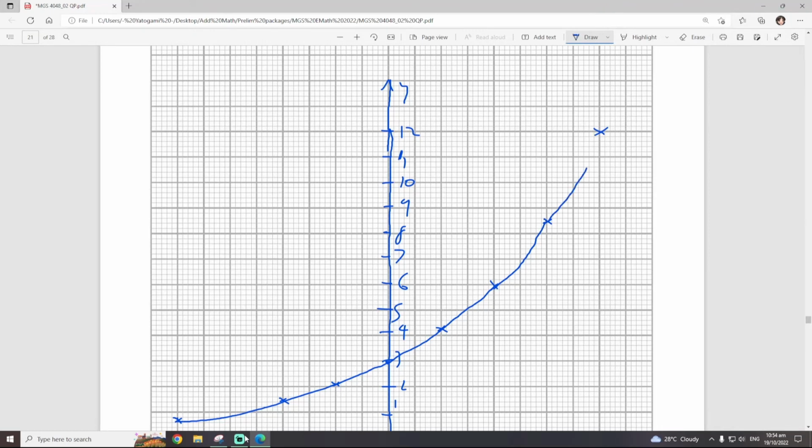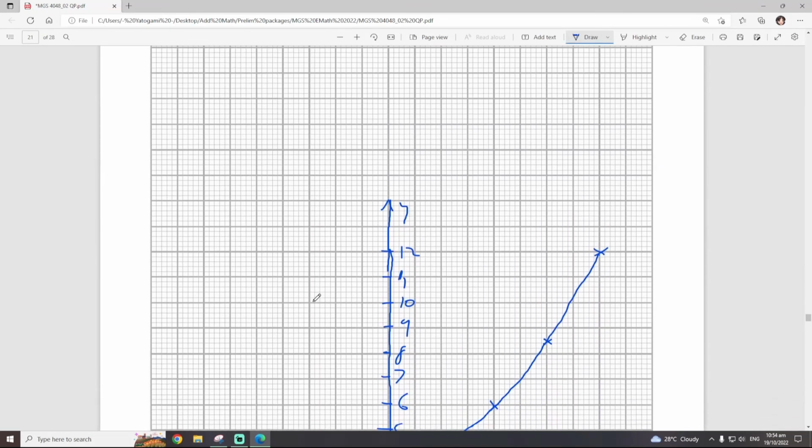And then no. I definitely need to change my pen nib. But you get the idea. Just draw a smooth curve. Yep, there you go. Okay.